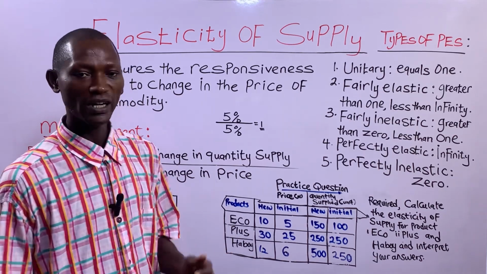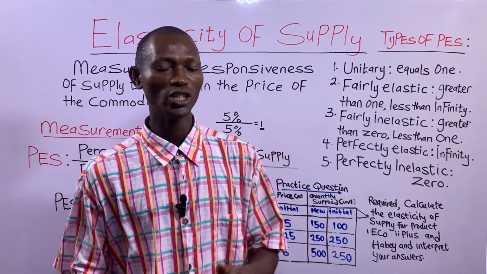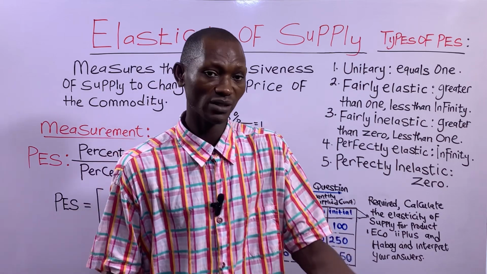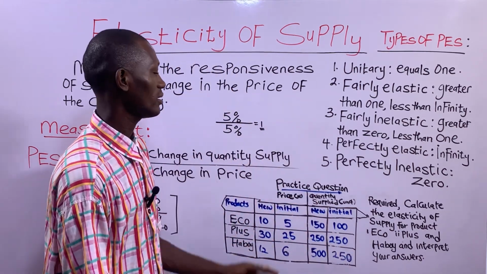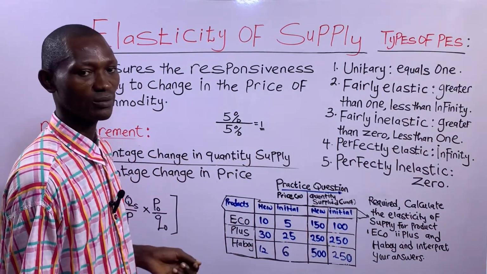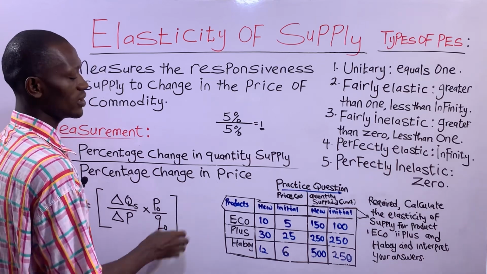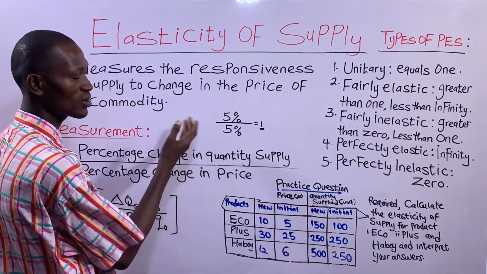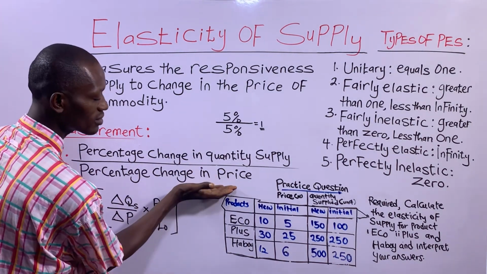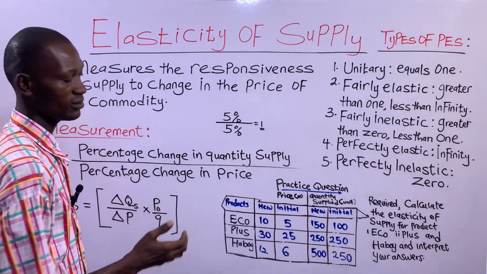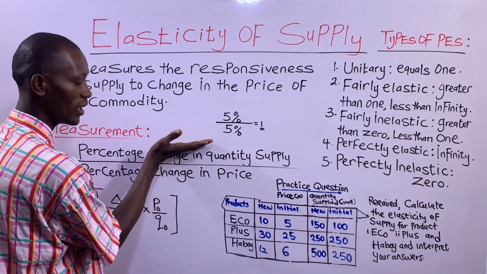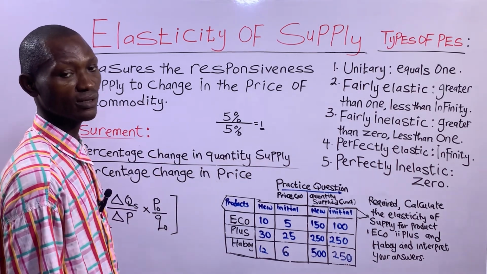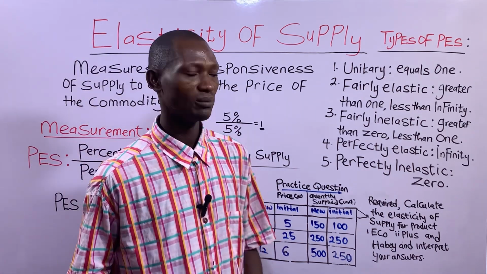So a 5% change in price brings about an equal 5% change in the quantity supply, and this divided by this, you have 1. Without price changing, quantity supply will not change, because this determines this. This is the independent variable, whereas change in quantity supply is the dependent variable.